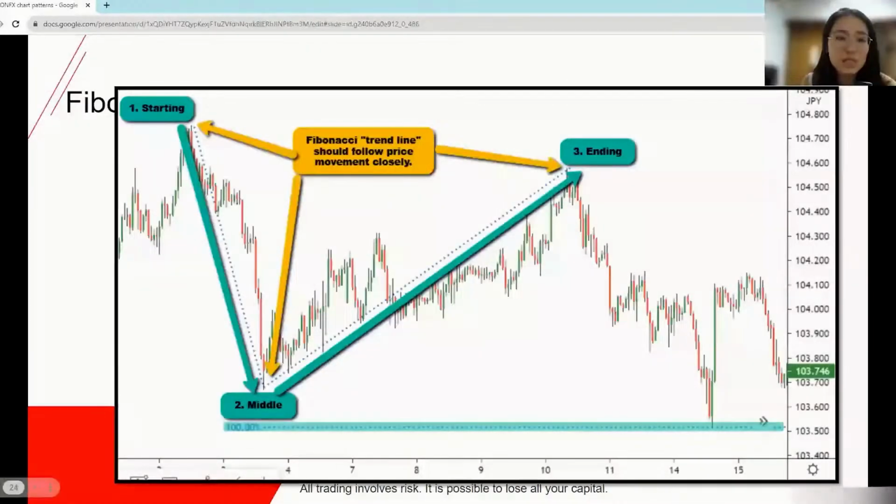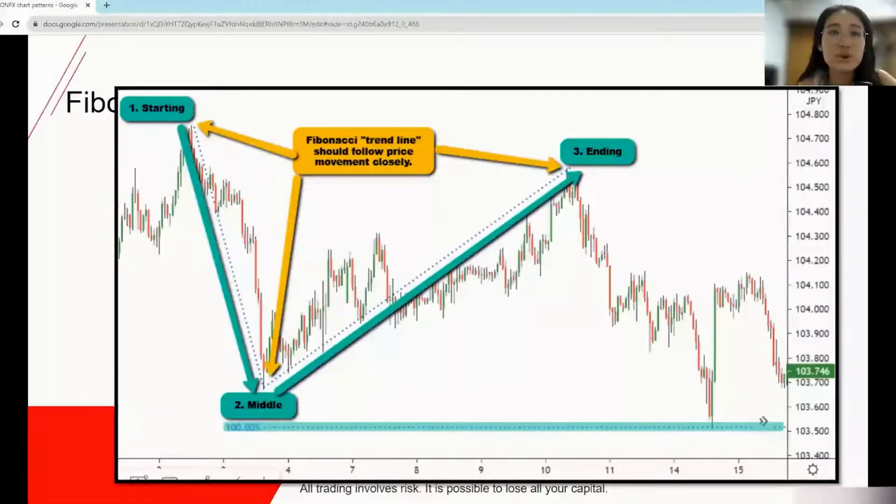Okay, let's move on. So here's another example. I'm not sure why all of my titles are covered, but here's an example of the Fibonacci projections. You can see clearly the starting, middle, and ending points here. And these follow the swing highs and the swing lows of price.